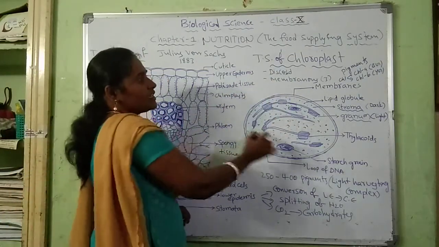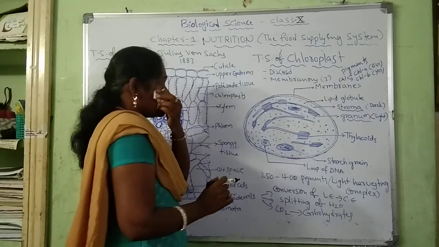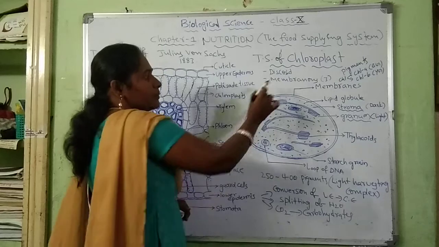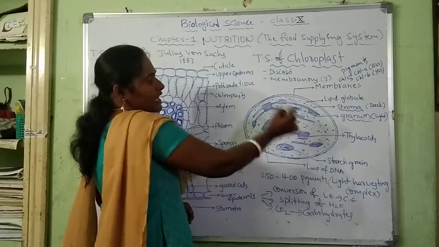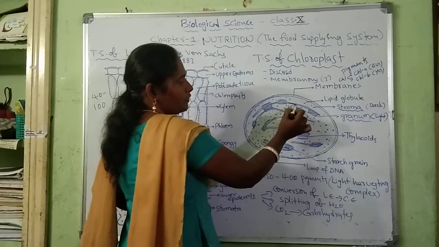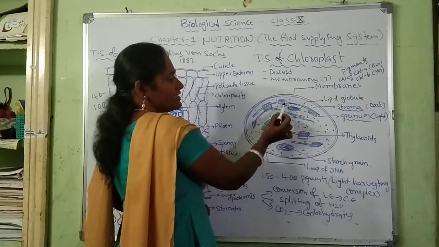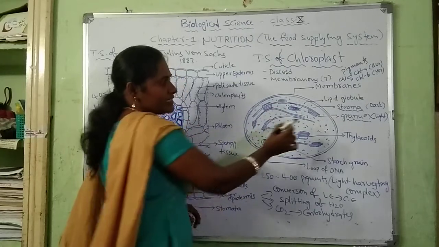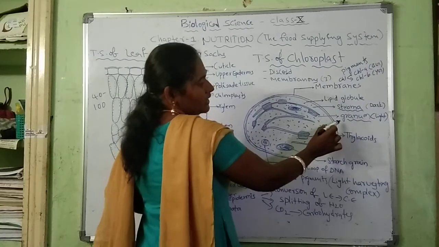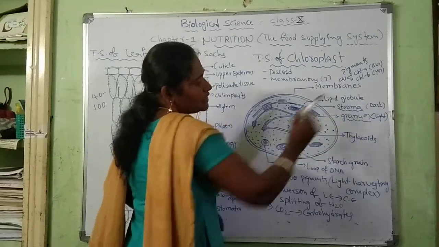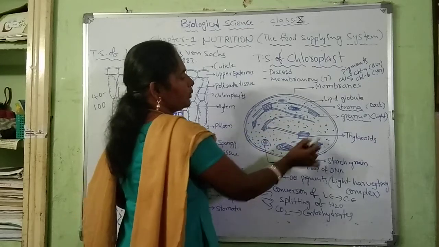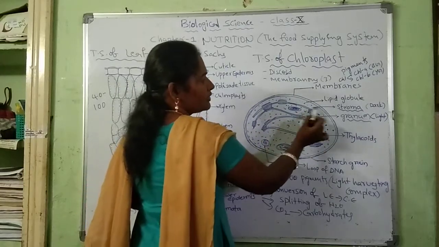These chloroplasts are discoid-shaped, membranous structures. The chloroplast has three membranes. The third membrane forms stacked sac-like structures. These sac-like structures are called grana. These grana are the sites of trapping of solar energy, and the intermediary fluid-filled portion is called the stroma.